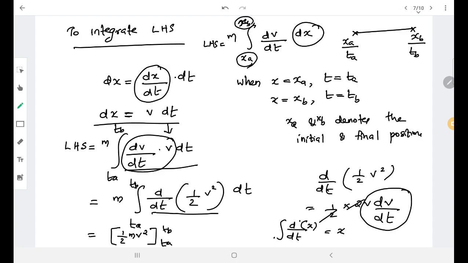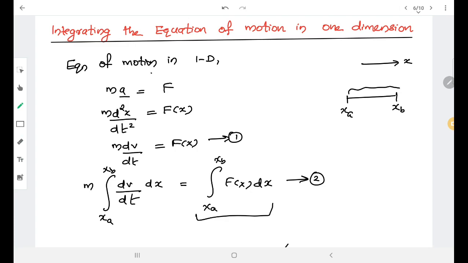We have started from integrating the equation of motion in one dimension. We started from F equal to ma. Here we are considering only one-dimensional motion, so we represent it in terms of x. So m d square x by dt square is equal to f of x. But we are interested in finding the velocity, so we expressed this equation as m dv by dt is equal to f of x.